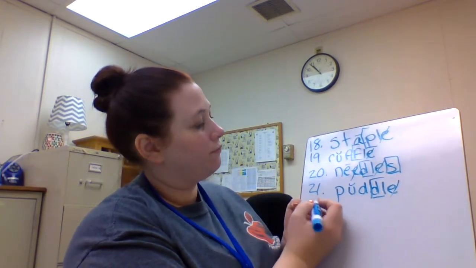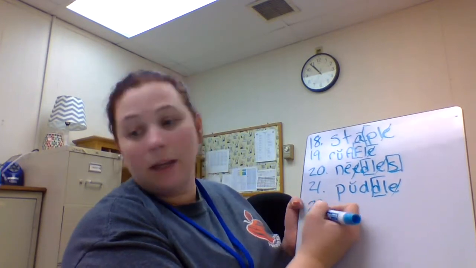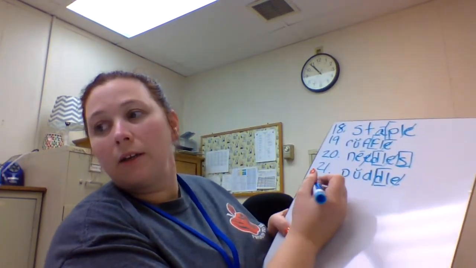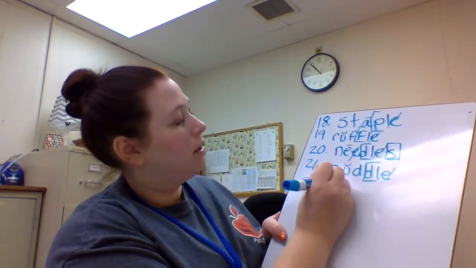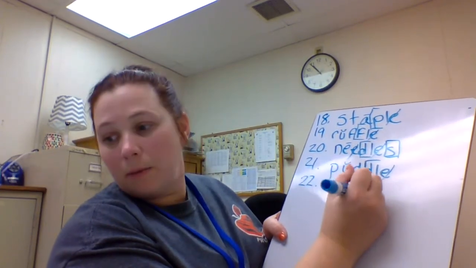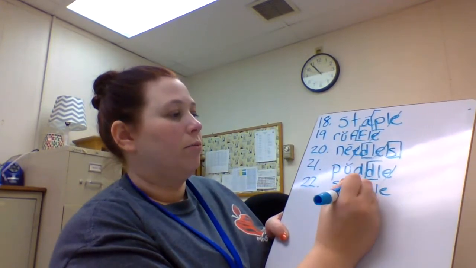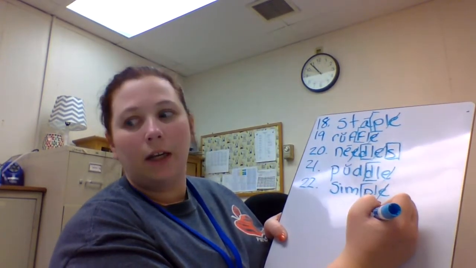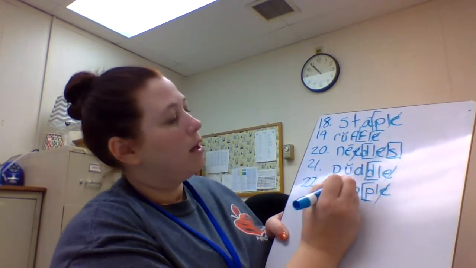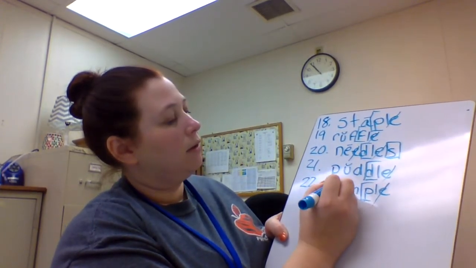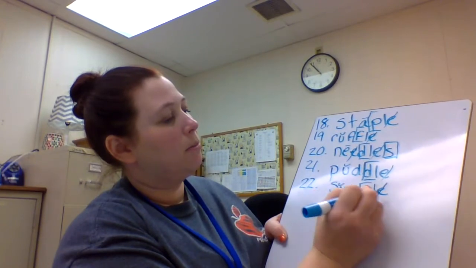Puddle. 22 is going to be simple. Going to bracket that off. Cross off our E. You're a pro, right? And then we have vowel consonant. We're going to put the breve. Simple.